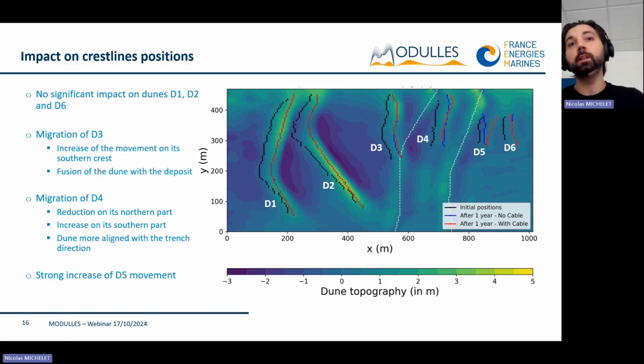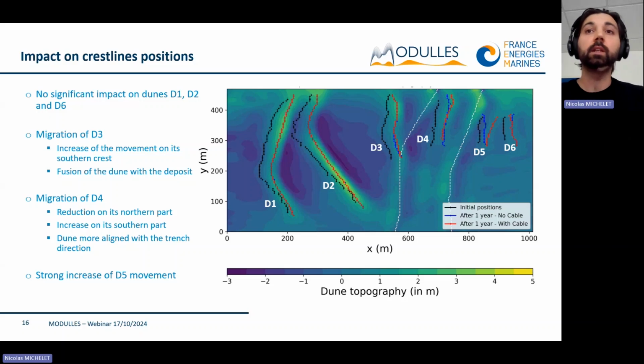As we can see, when the dunes are located too far from the trenches, there will not be any impact on our dunes. The most impact will be on dunes D3, D4, and D5.